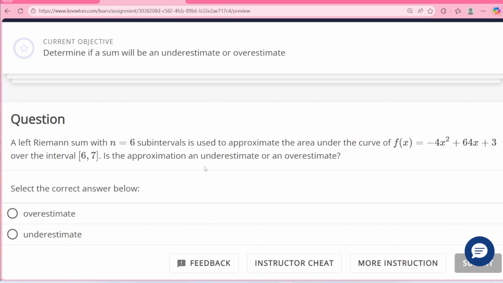So is the approximation an underestimate or overestimate? Now, it's a quadratic function. You should know or have a rough idea as to what the graph of a quadratic function looks like.